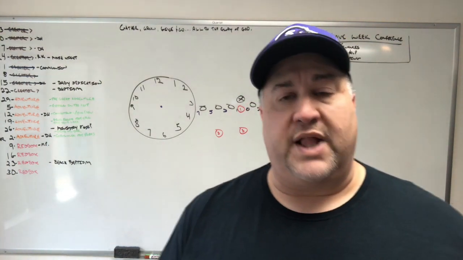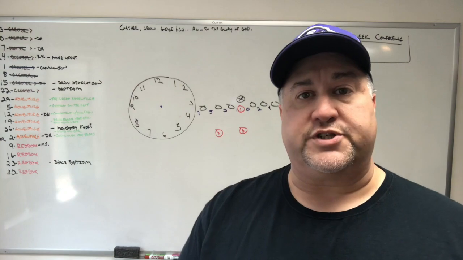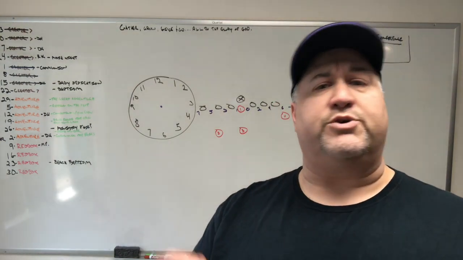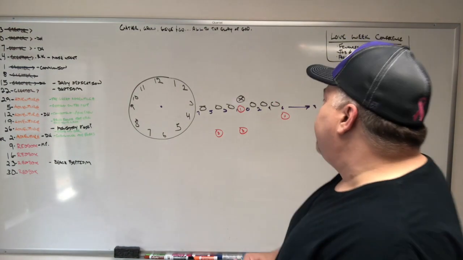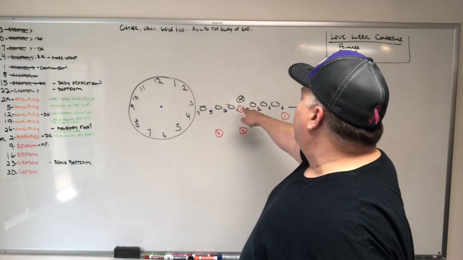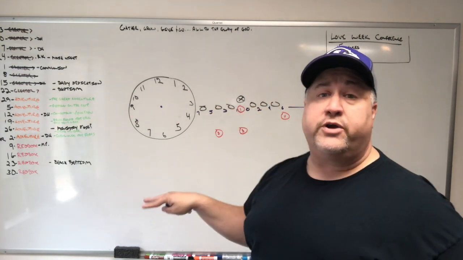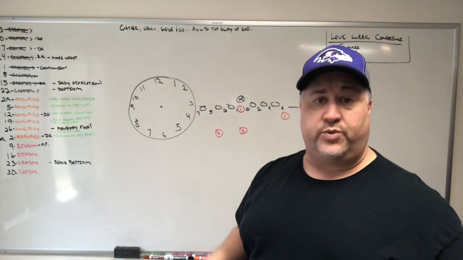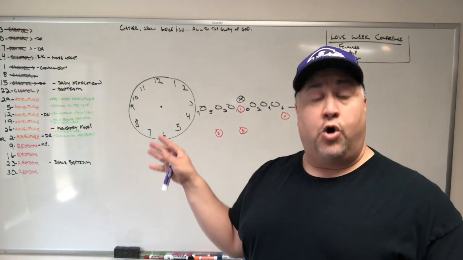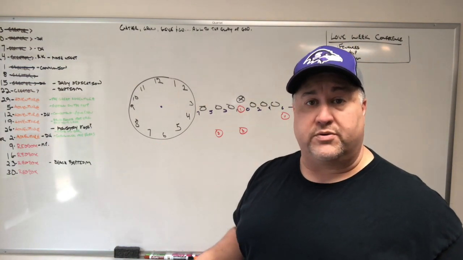So when we call a play, we're going to call the formation first, and then a series of motions and whatnot. But we're going to call the ball carrier numbers first, so 1, 2, 3, or 4, and then the hole that they're going to run through.